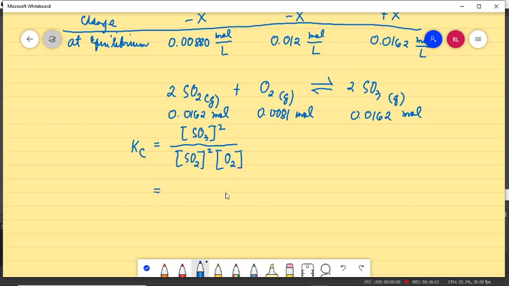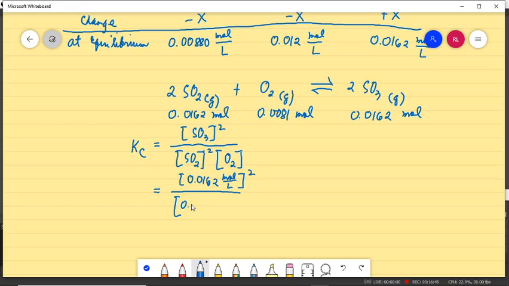Substitute: mole per liter raised to the power of 2, divided by, what is the concentration of sulfur dioxide at equilibrium?